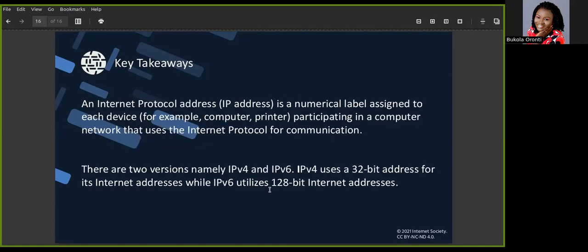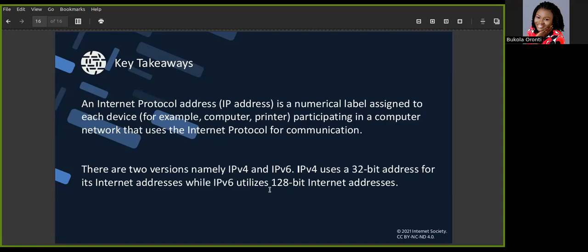Also, we have learned about the Internet Protocol address, which is a numerical label assigned to each device, for example your mobile phone, your computer, your printer, your fax machine, even your smart TV, which are participating in a computer network that uses the Internet Protocol for communication. There are 2 versions of Internet Protocol address, IPv4 and IPv6.